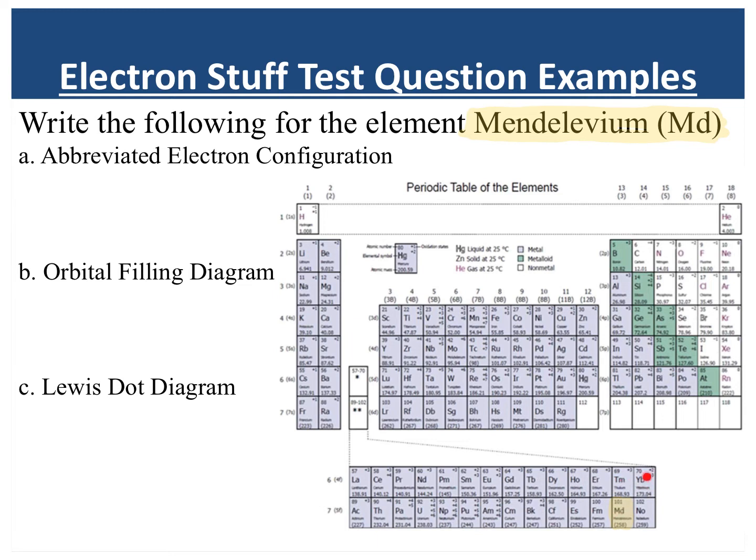Well, you might think to put Yb, which is ytterbium, in there, but that's not really the noble gas in the row above Mendelevium. No, Mendelevium is in this little double asterisk box here that I'm highlighting now. So it's part of period 7, or row 7 on the table.